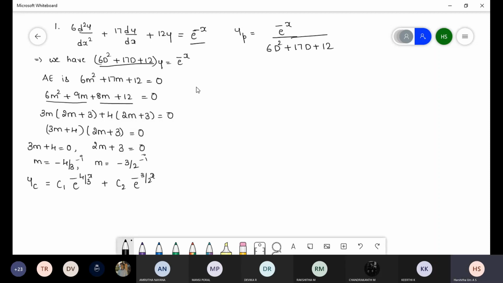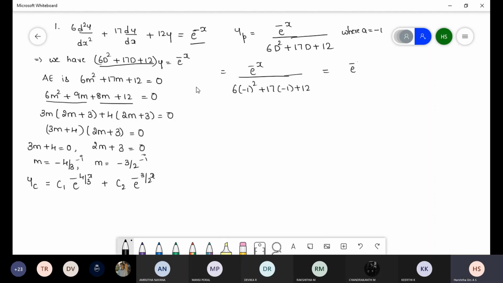Like this we have to write RHS divided by differential operator. What is our a value? Here minus 1. So e power minus x divided by 6 into (minus 1) whole square, 17 into minus 1 plus 12.